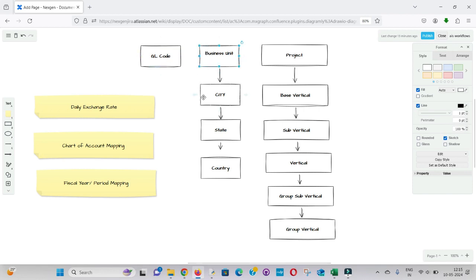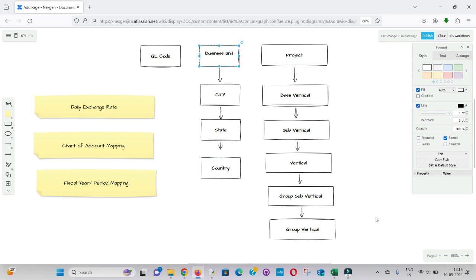Is it Whitefield or Electronic City? In the back end, the system has a mapping, that is, the business unit is mapped to the city, state, and country. All this data is automatically populated by the system. You enter only this and all the rest is automatically filled.